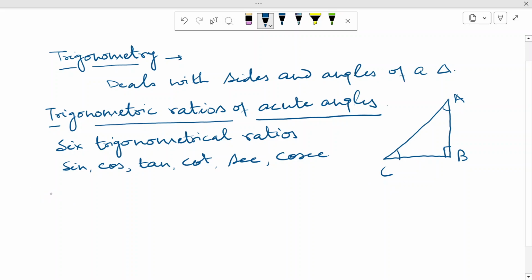If you consider the angle A in this right angle triangle, this triangle has AC as hypotenuse.